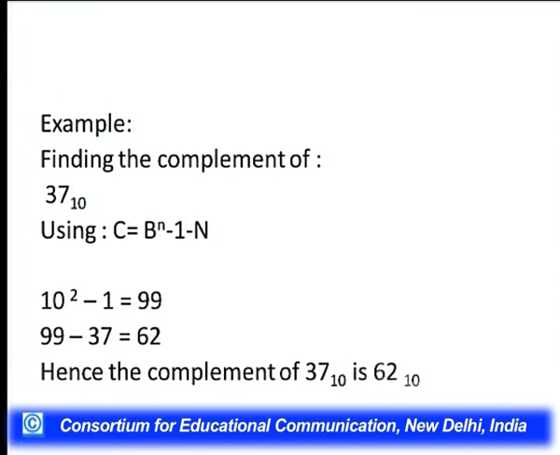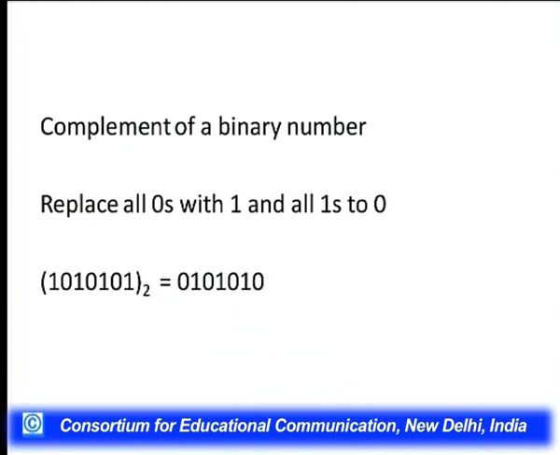Now, complements also have various applications in computer science and in mathematics. So, this is one method of finding the complement of a decimal number. If you want to find the complement of a binary number, the procedure is simple. You just replace all zeros with 1 and all ones with zeros.